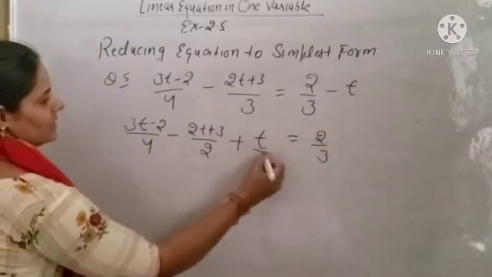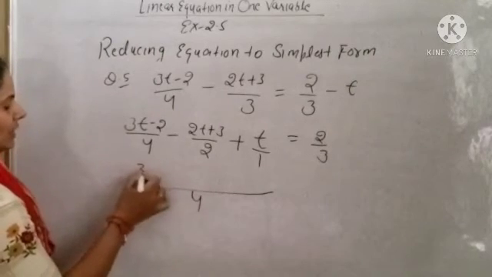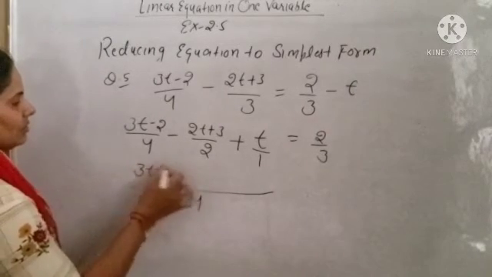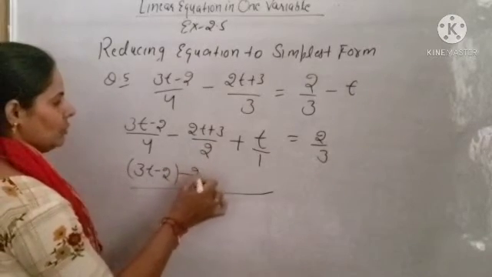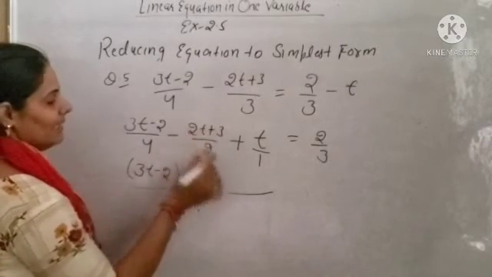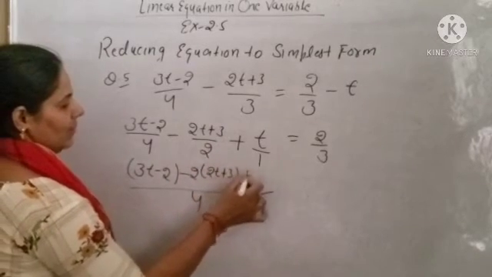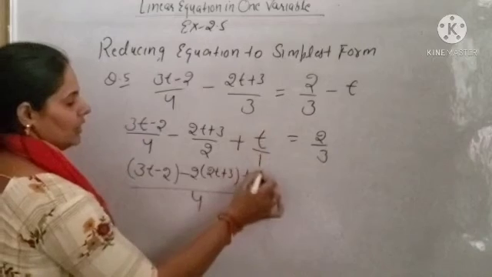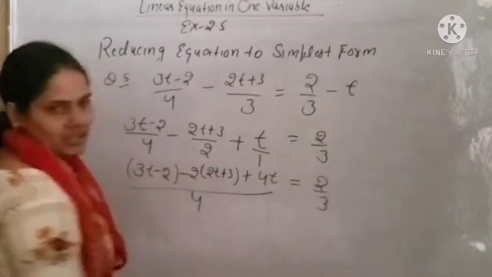Now how will you solve this type of equation? By taking the LCM. The LCM of 4, 3 and 1 will be 12. So you will get 3 into (3t minus 2) minus 4 into (2t plus 3), and plus 12 into t, equal to 2 by 3. You will multiply by the complete number, so the complete is 2t plus 3. Clear?